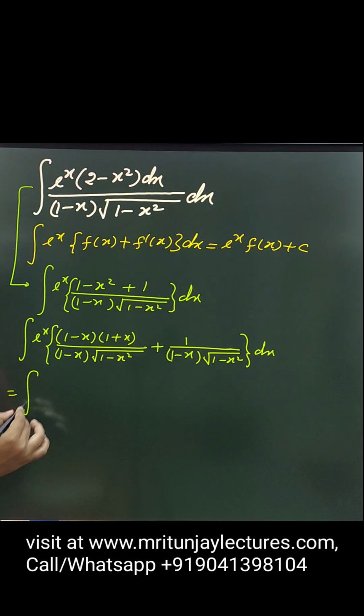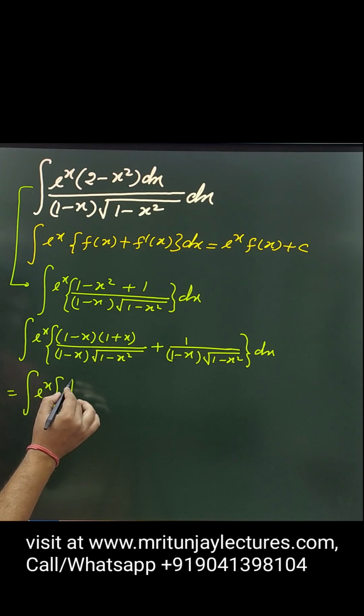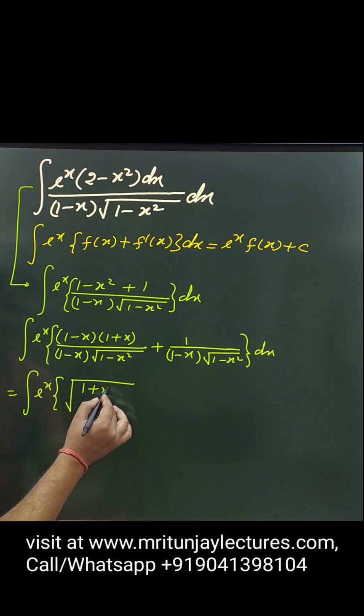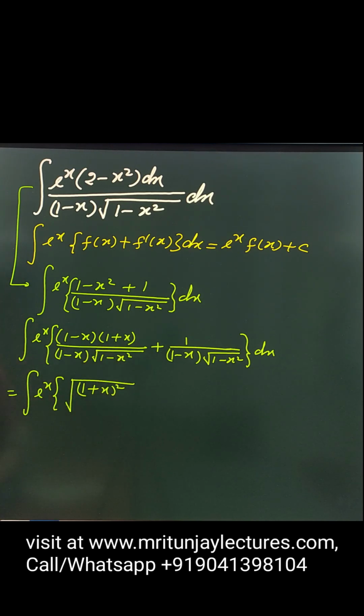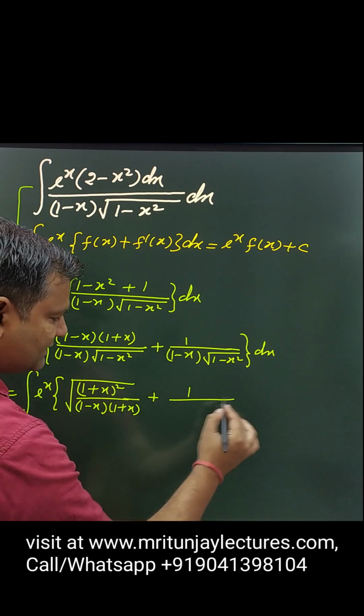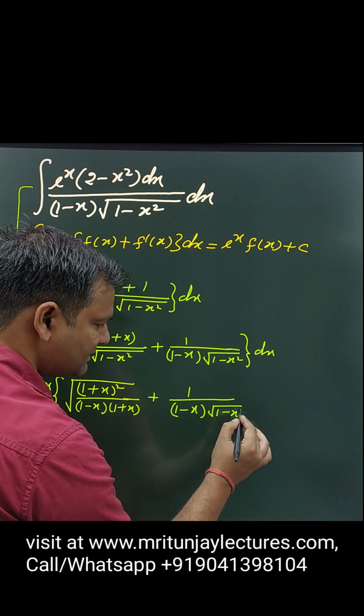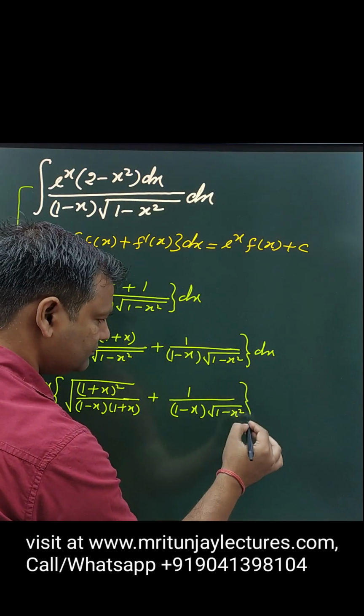After that, e to the power x, 1 minus x upon 1 minus x cancels out. And now 1 plus x can be written as (1 plus x) whole square divided by (1 minus x) into (1 plus x), and then simply (1 minus x) into under root of (1 minus x square) dx.